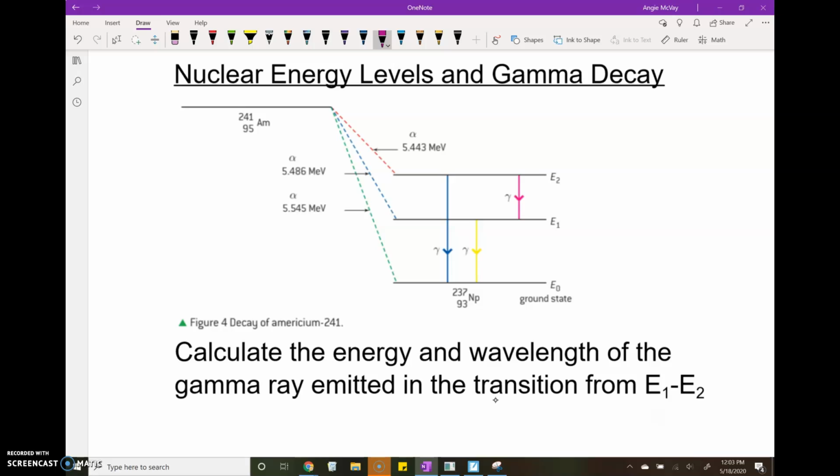There are several energy levels, several gamma particles that can be released, and each energy level has a certain amount of energy. And so we want to be able to calculate the amount of energy and the wavelength of the gamma ray emitted from the transition energy level down to 1 or 0. Okay, so I'm going to pause this right now, and we're going to talk about this more in the next video.